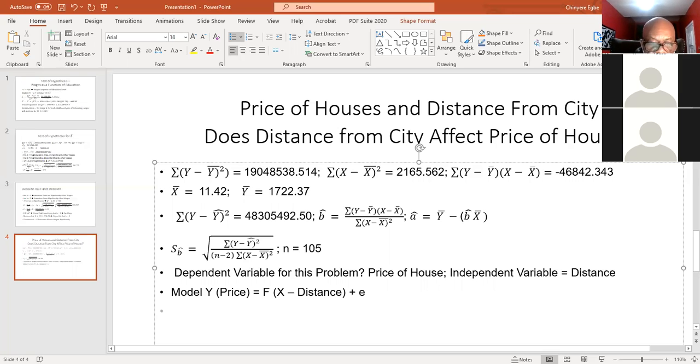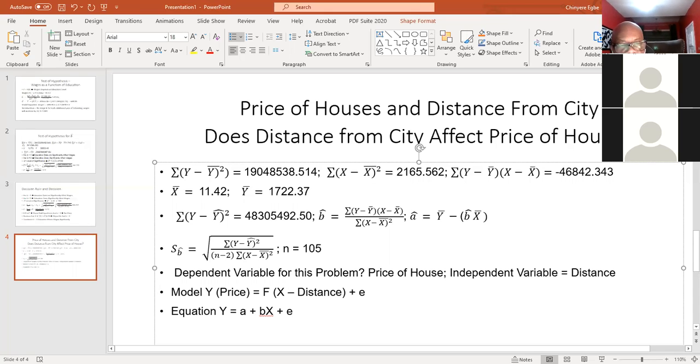And so the equation will be Y equals A plus B times X plus E. So we're saying that every house is going to have a basic price.